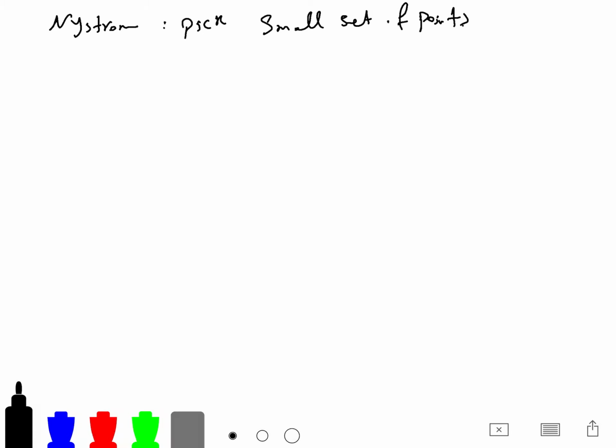This is one extreme, because you can go to another extreme, which I will talk about in a bit. In this approach, you compute the exact solution on this small set of points, and then interpolate the solution to the rest.